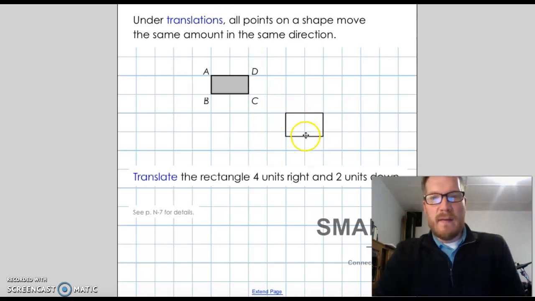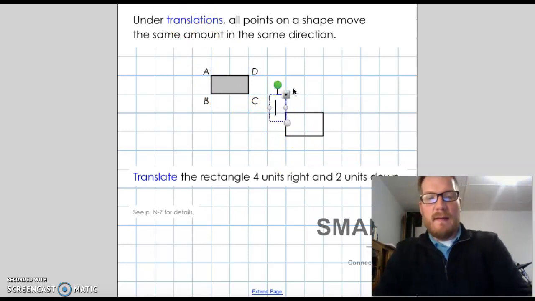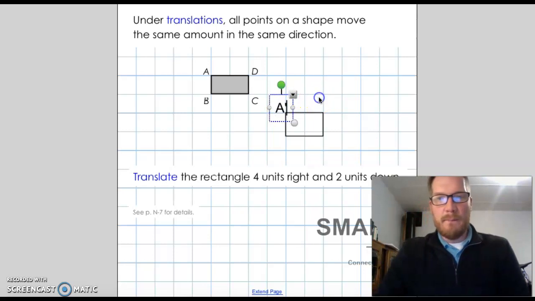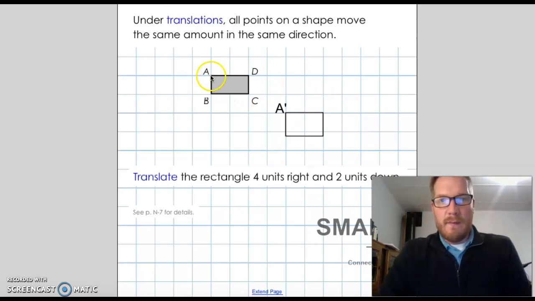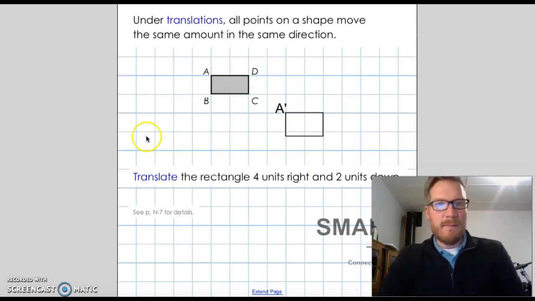I made that a little bit bigger than I needed to. So that means that over here, this is A prime. Okay, so we've gone 1, 2, 3, 4 to the right, and 1, 2 down. Pardon my messy shape here, but we've done the translation properly.